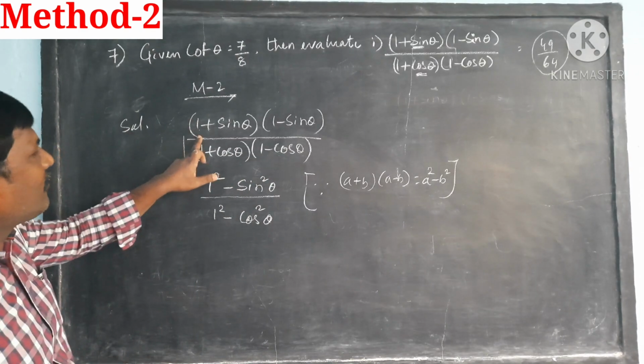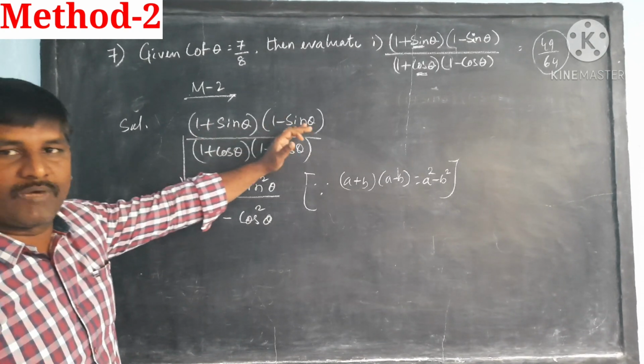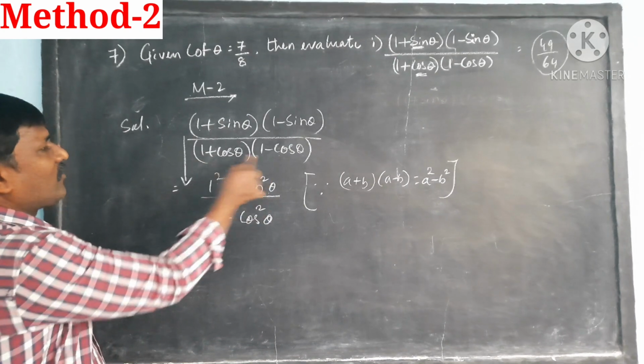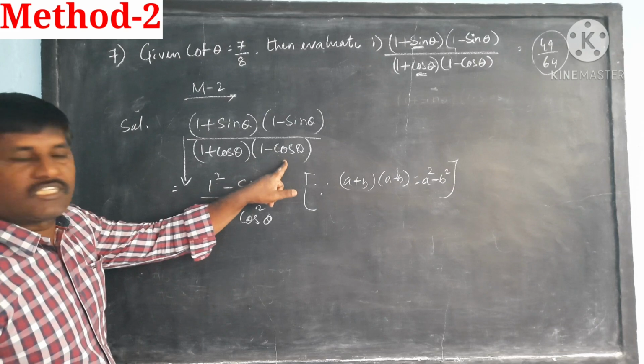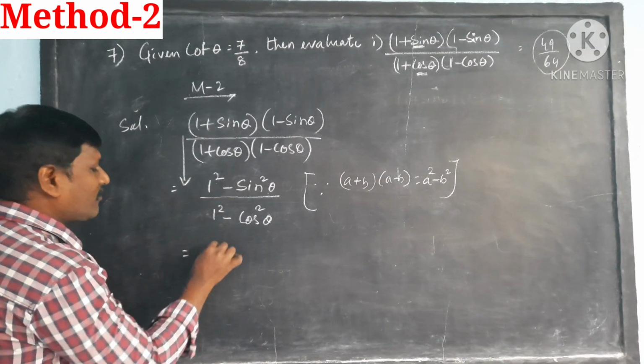By application of this algebraic identity we get this from the question. That means 1 plus sin theta into 1 minus sin theta, which is a plus b into a minus b, is 1 square minus sin square theta. Same way for the denominator, 1 plus cos theta into 1 minus cos theta is 1 square minus cos square theta. So 1 square means 1.